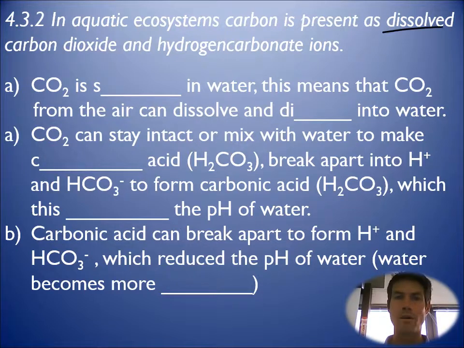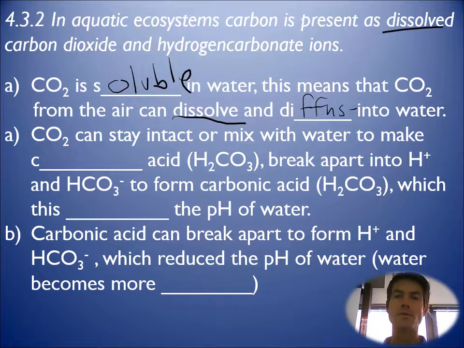Carbon can dissolve and make hydrogen carbonate. So let's look at that. CO2 can mix with water, which means it's soluble. Dissolve, and when a molecule spreads out through a medium, that is called diffusion.